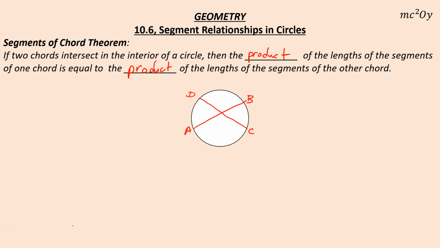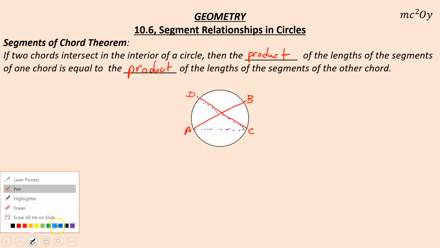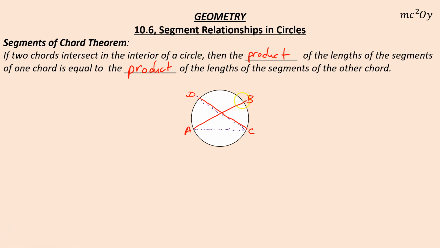So let's say I actually were to draw an angle here, and I'm going to kind of dash it out. Okay, from ACB, and that angle right there, along with angle DCA.